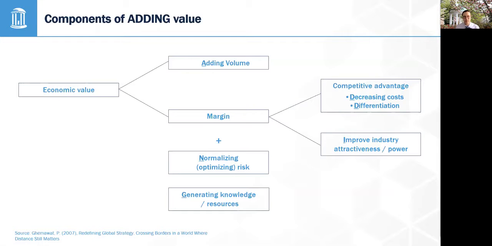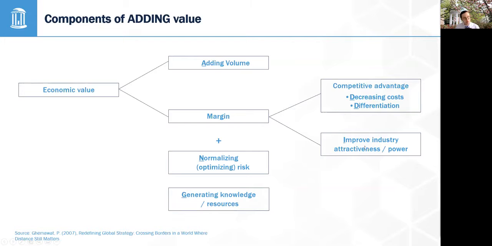So you may locate some parts of your value chain in a country where costs are very low, but the quality is still enough that you're not lowering your willingness to pay as much. Alternatively, you might use it for differentiation. So maybe you'll produce a product in a higher cost country, but where producing there increases willingness to pay even more than you're increasing the cost.